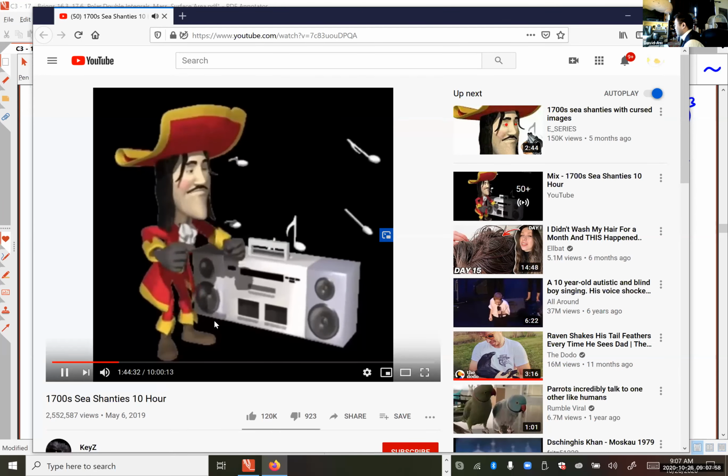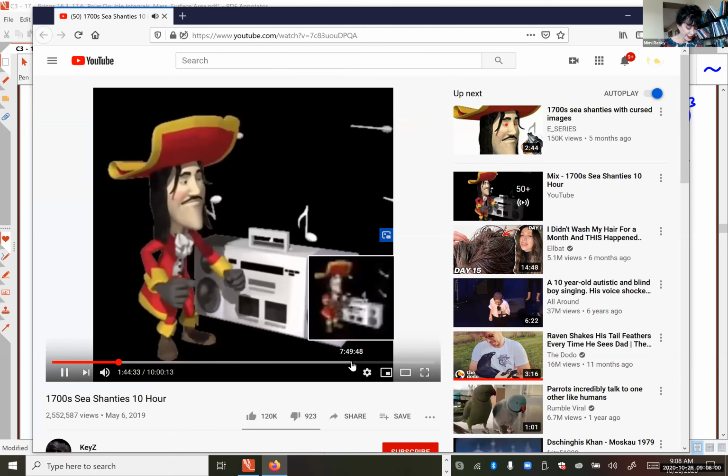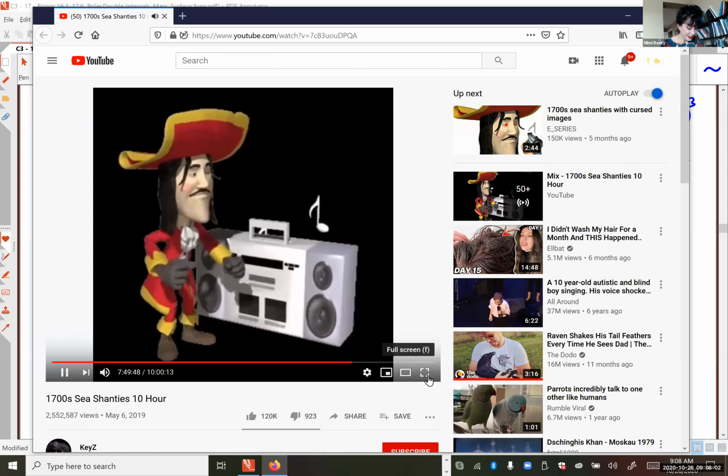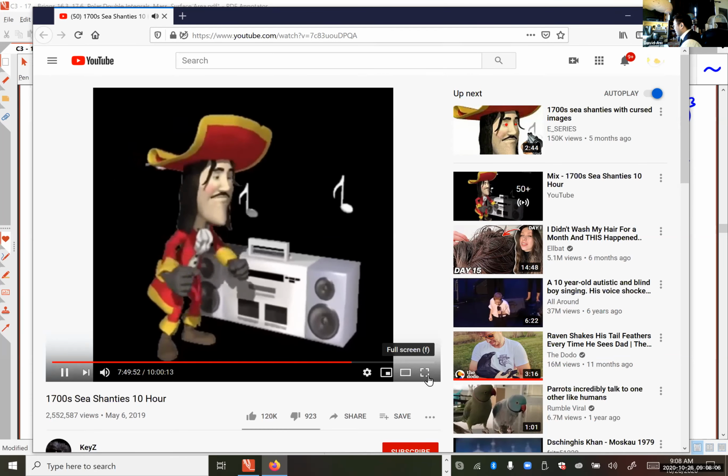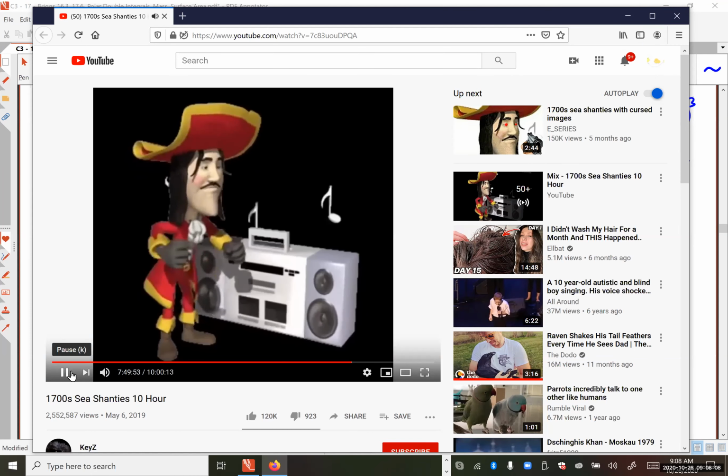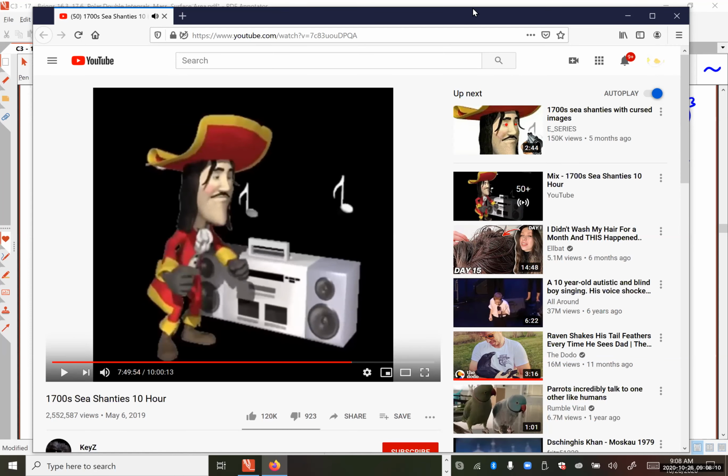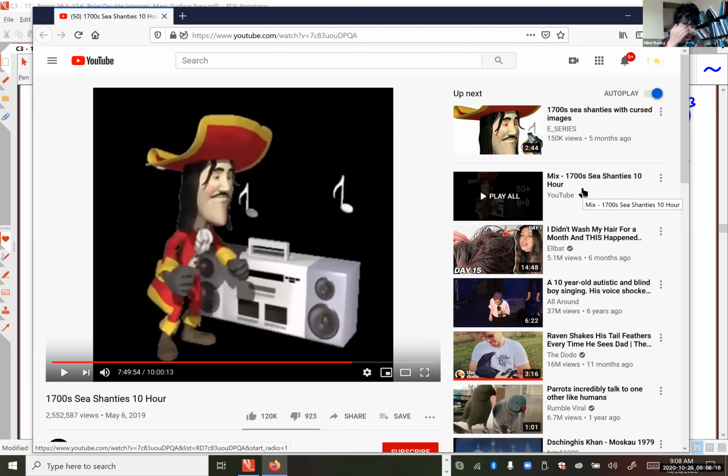Is this song an infinite loop? It's not infinite. It ends at 10 hours. This is taking me back to bowling alley strikeout screens. Wow, that's intense. Okay, nice. 10 hours.